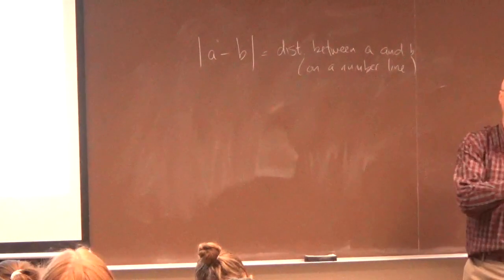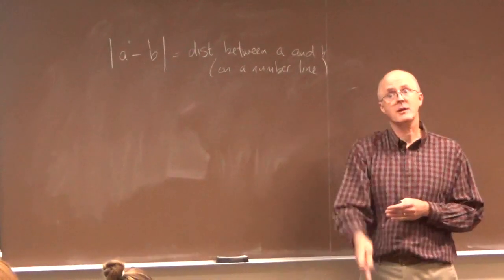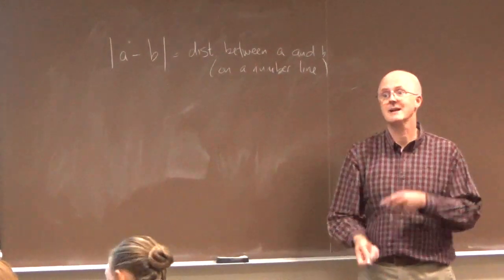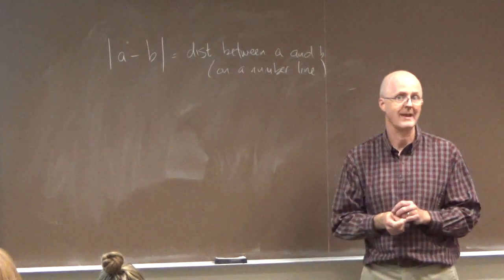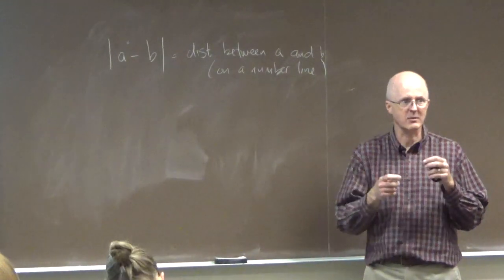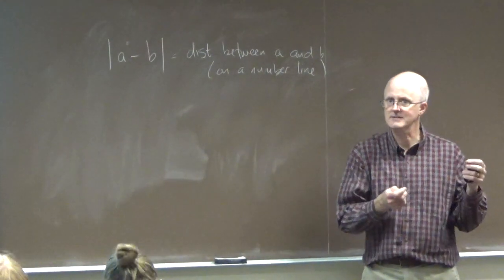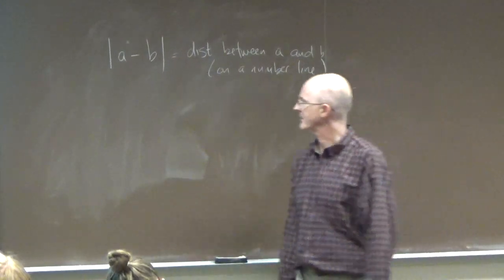The number line could be horizontal, and so it could be a horizontal distance. It could be a vertical number line, like a y-axis, and so it could be a vertical distance. Any number line you draw, with the whole number values, say, equally spaced, this represents the distance between them. If you don't believe it, try examples.